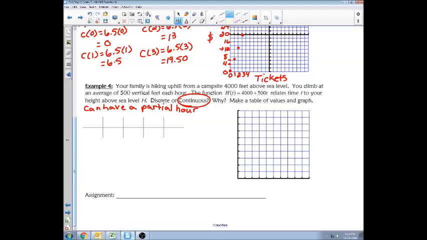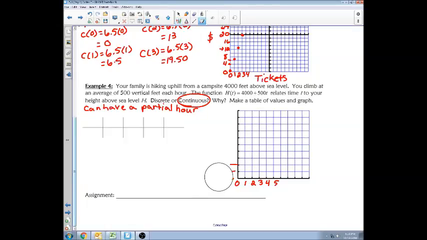Now, because this is going up by 500s, I'm going to go ahead and keep it the same. So I'm going to label this 0, 1, 2, 3, 4, 5. I'm going to make each tick mark 500. But it told us that we started at 4,000 feet. So what I really want to make this 0, make each line 500 to get to 4,000 feet to even start.